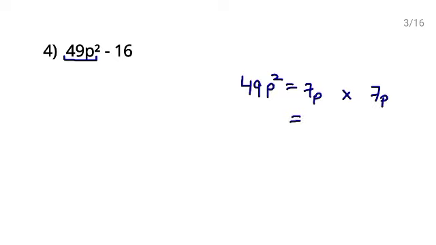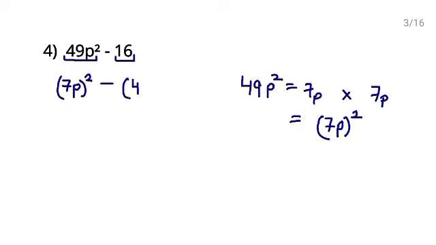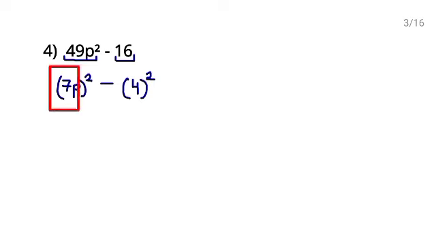So 49p square can be written as 7p into 7p, or we can also write it as 7p whole square. So I'm writing it as 7p whole square minus this 16 can be written as 4 square because 16 is equal to 4 into 4.